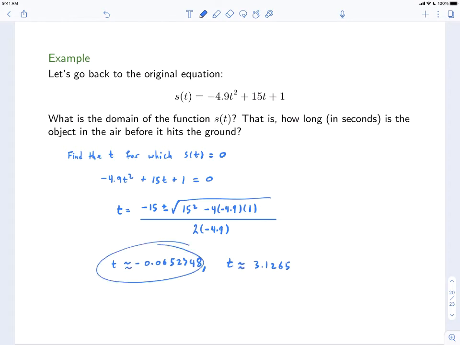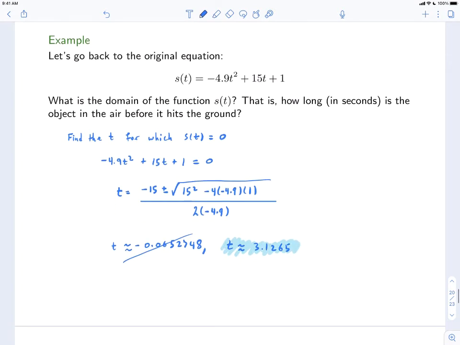Now this one right here, the negative one, doesn't have any meaning for us in this physical context, so we can just rule that one out. The one that we want is t approximately equal to 3.1265.